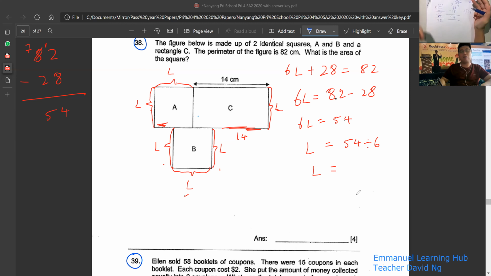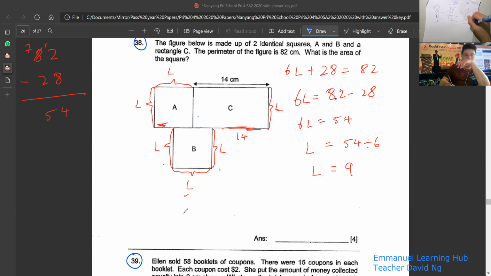Your multiplication timetable. If you had memorized your multiplication timetable at your fingertips, you can tell me 54 divided by 6 is how many within 3 seconds. 9. L is 9.